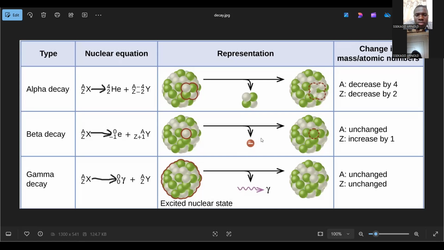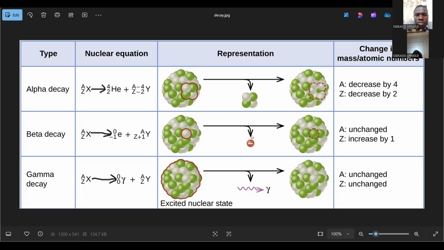So that's what we saw last time, that these heavy unstable atoms undergo disintegration. They disintegrate to form things that are stable. So once they disintegrate and form stable things by emitting particles, something changes.